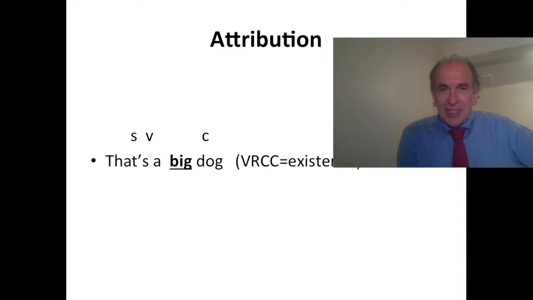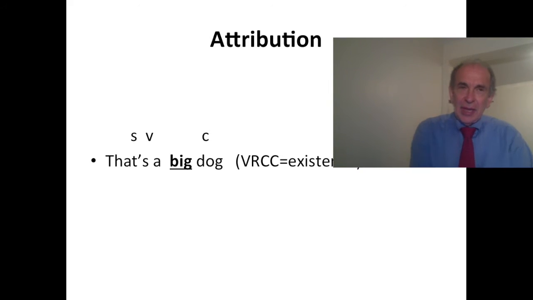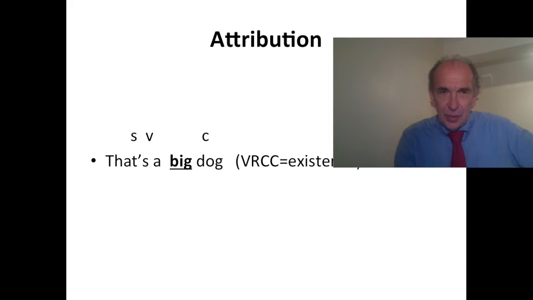That represents existence. That is the verb relation content category. Notice that I bolded and underlined the extra word, the word big. That represents the content category attribution. And notice, it is outside of the SVC unit. Therefore, it is the non-verb relation attribution. Non-verb relation, it is outside of the SVC unit.